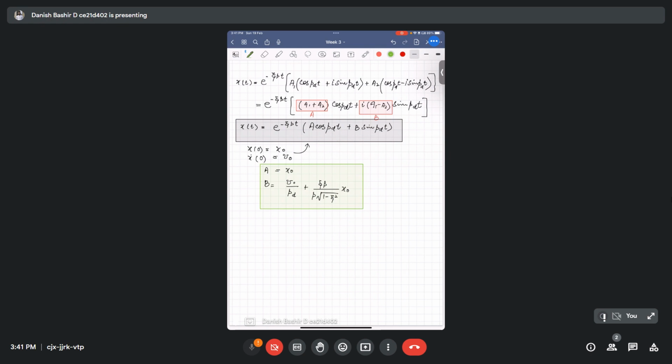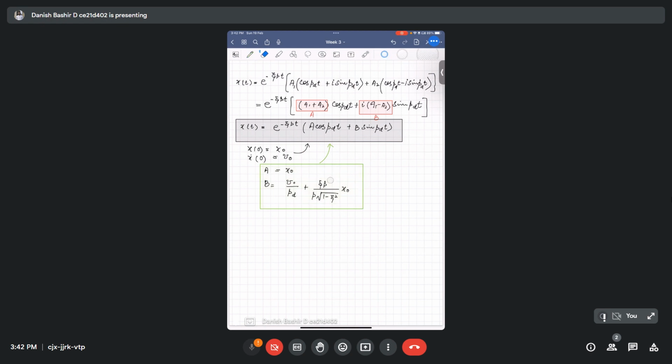These are the constants a and b. Writing them back into this equation, in fact p will be cancelled here.